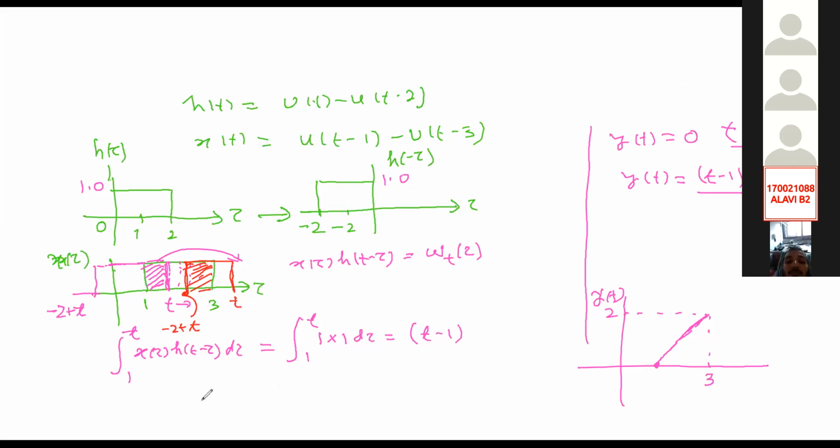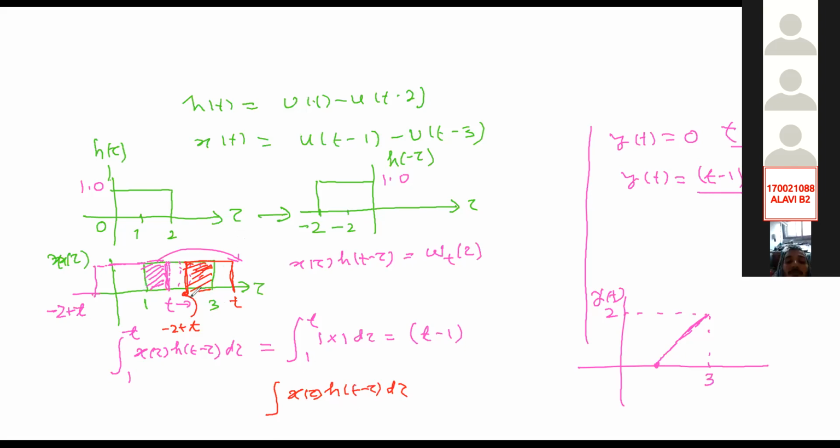Okay, how to now find that integral? Now your integral will be again the same, x(tau) into h(t minus tau) d tau. But now the limit will be from where to where? You consider this because the integral will have a non-zero value only in this overlap region, isn't it?